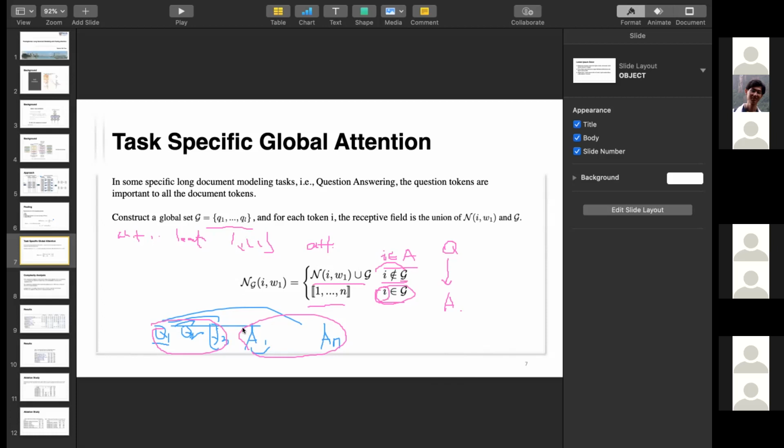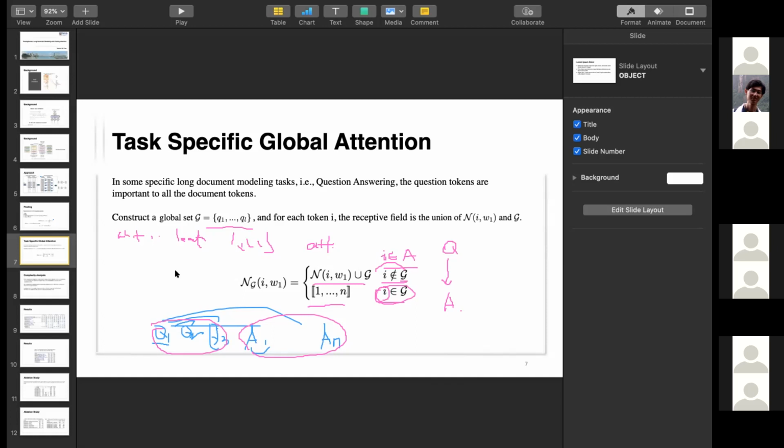Suppose the question is, what is the location of NUS? And how do we convert the answer? Okay, so the input would be what is the location of NUS, plus the document: NUS is the top-ranked university in Singapore, and NUS is in Singapore.